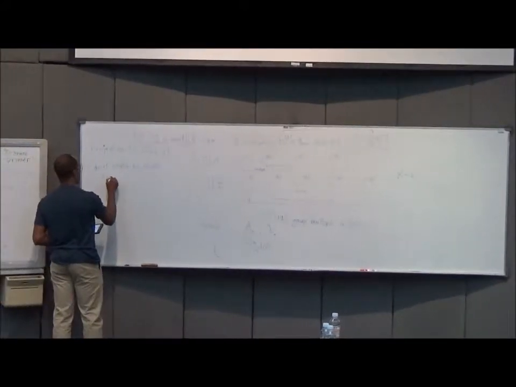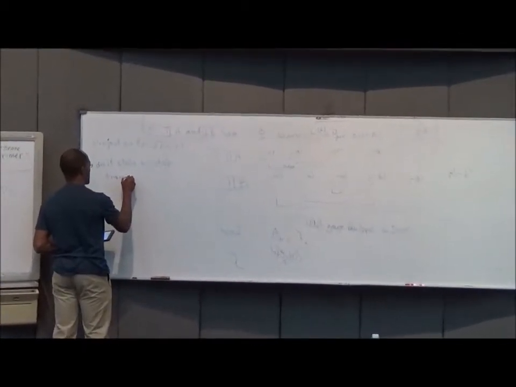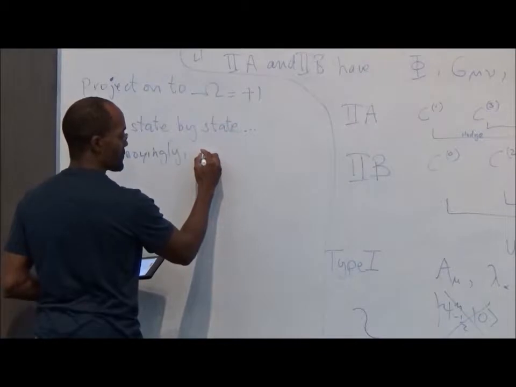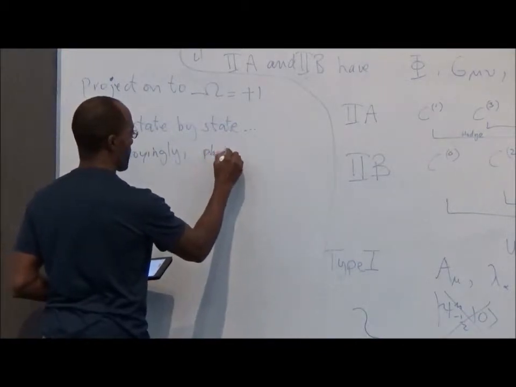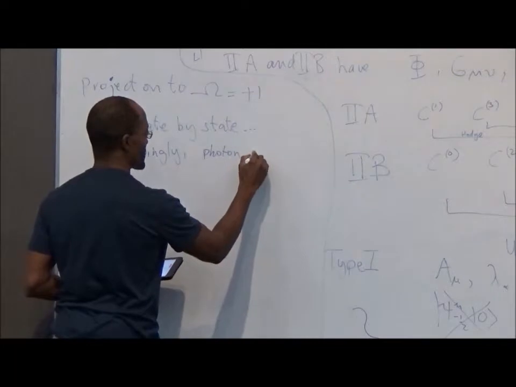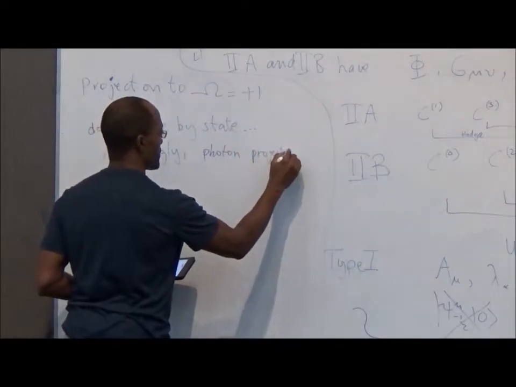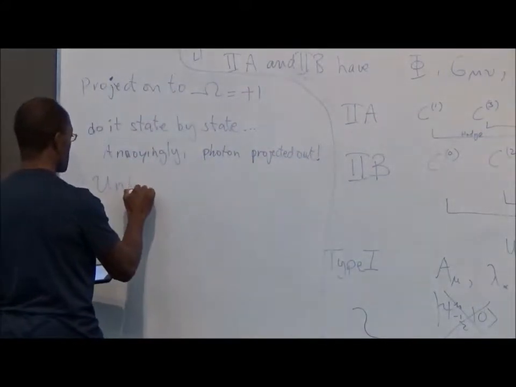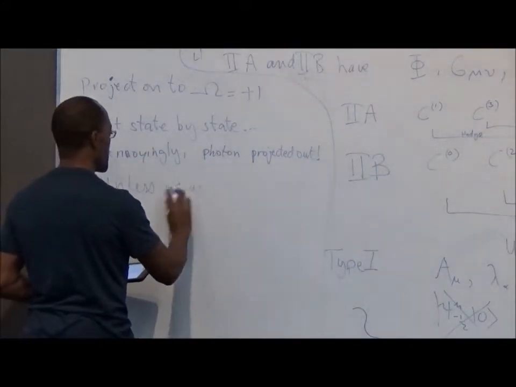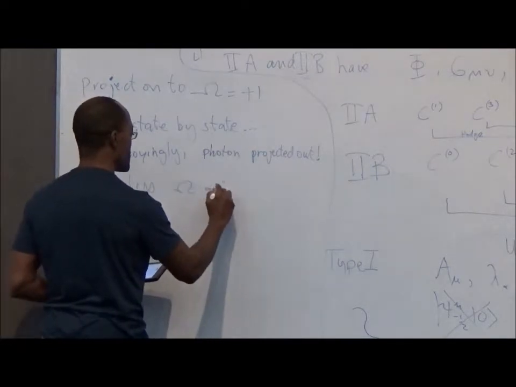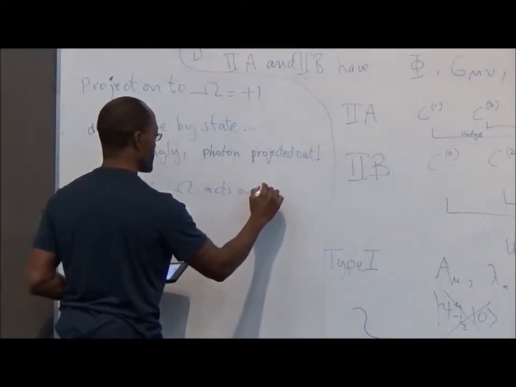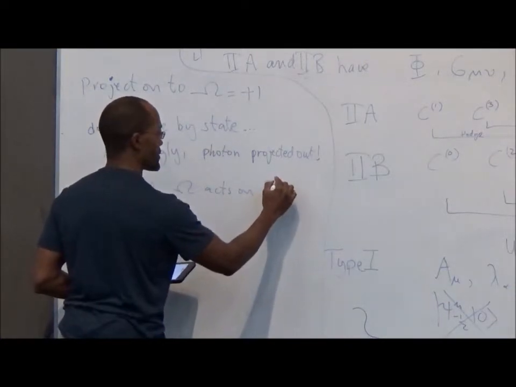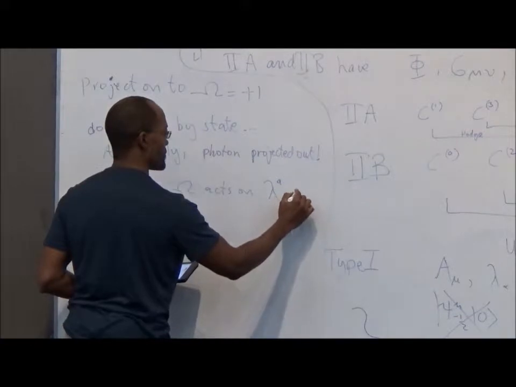So let's just list that. Annoyingly, photon projected out, unless omega acts on the lambda A factor.